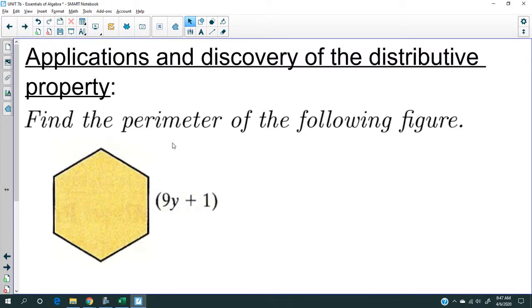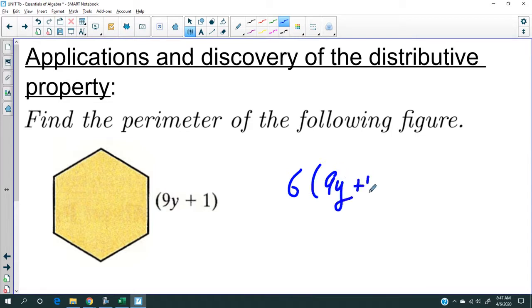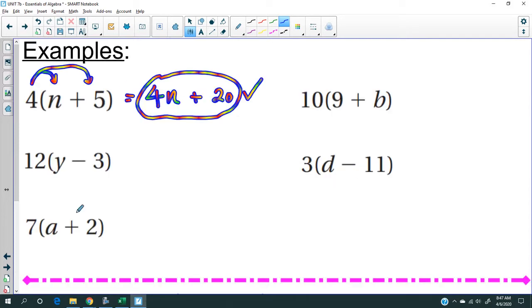Then we talked about how to use this to write this. And then we distribute, remember the double rainbow thing, and we did one of these questions together. So that's where we're left.